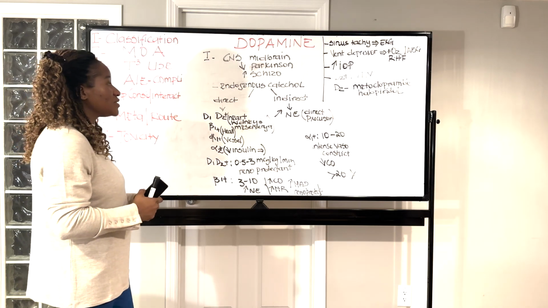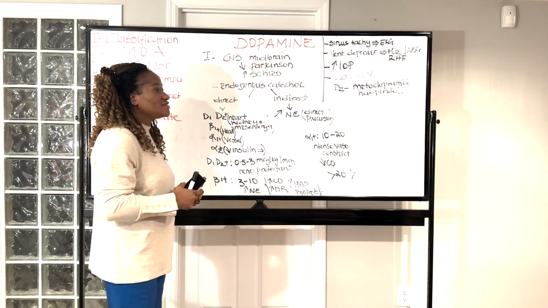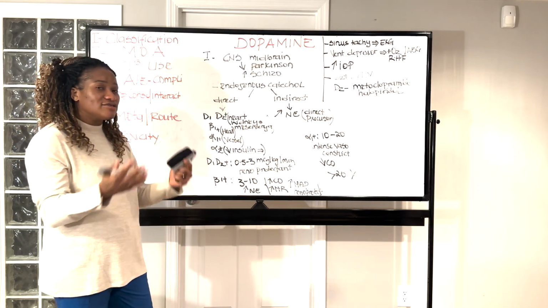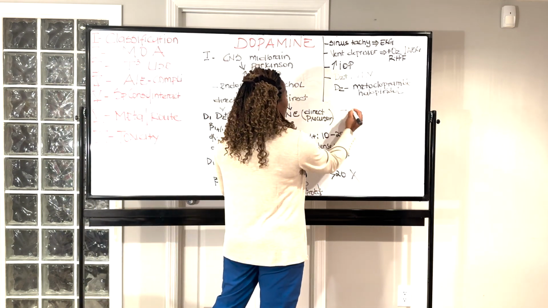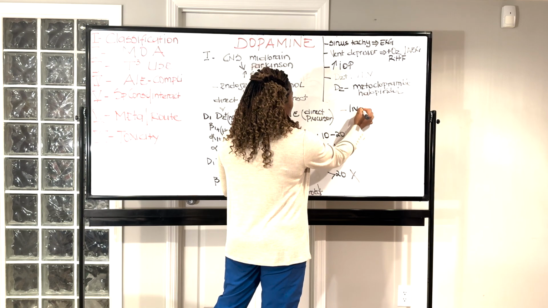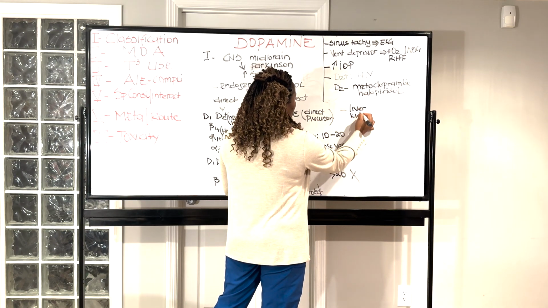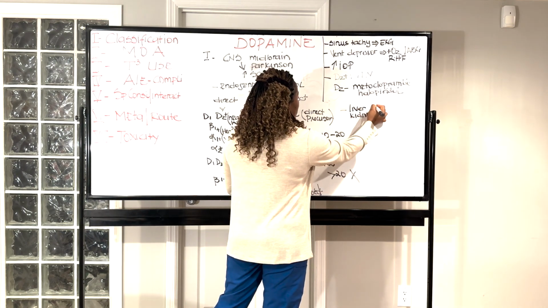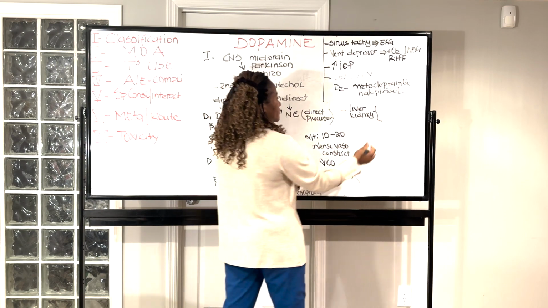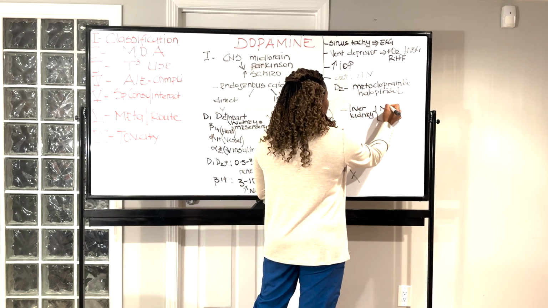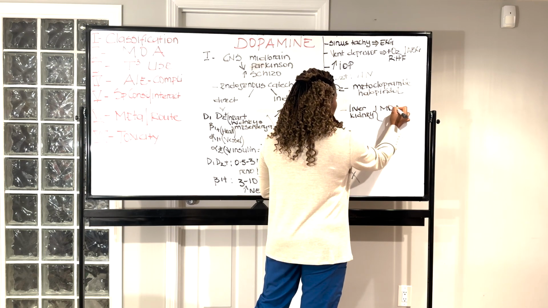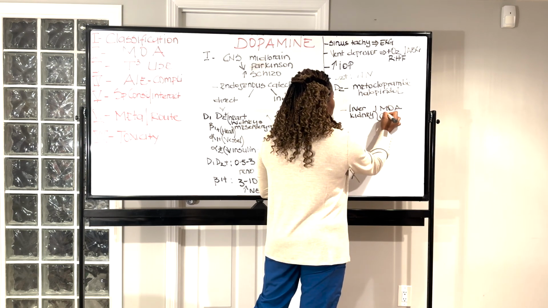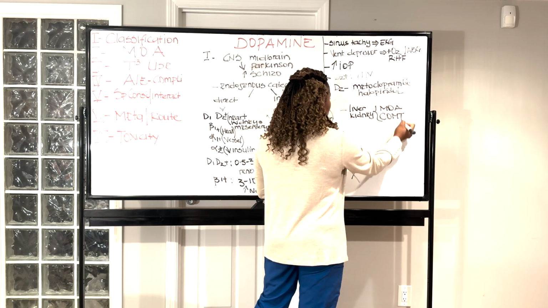Metabolism of dopamine. So dopamine is mainly metabolized, like all the catecholamines, because it's a catecholamine, by the liver and the kidneys, and it's metabolized by two enzymes, the monoamine oxidase and also the catecholamine O-methyltransferase.